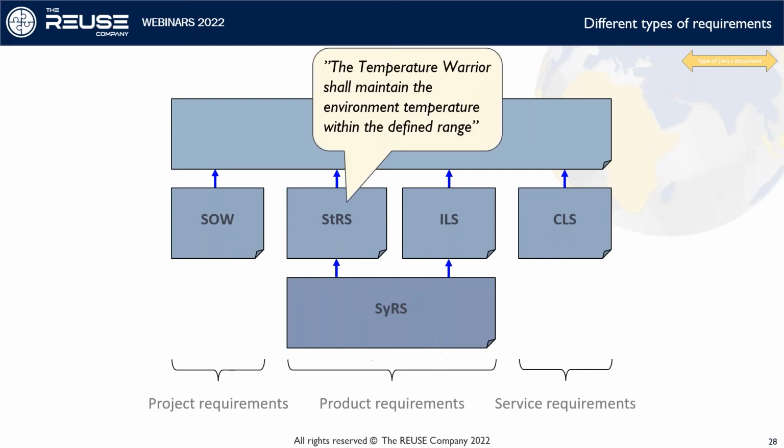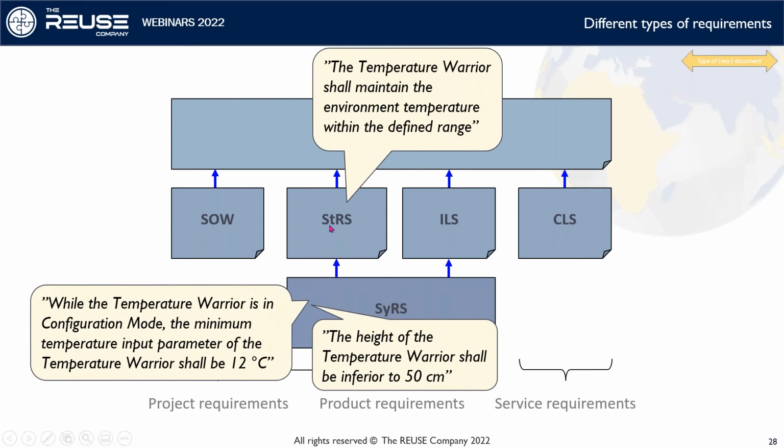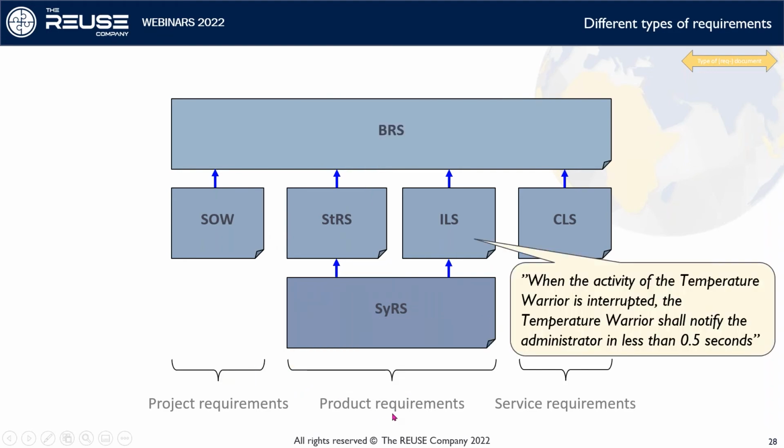Example of technical requirements could be something like this. We would have stakeholder requirements, or we would have system requirements. They would all be examples of product requirements for defining how the product should be designed and verified.